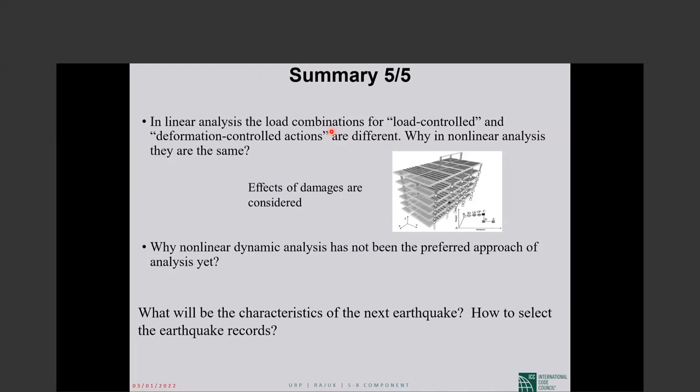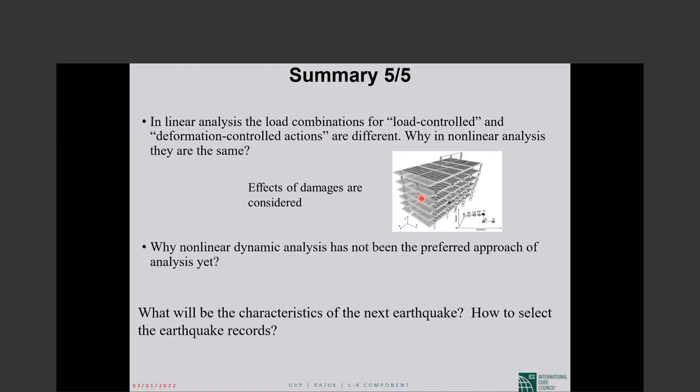Why don't we do these things? Because the effect of damages is considered in the nonlinear analysis, but because it's not considered in the linear analysis, we had to do that kind of adjustment ourselves by changing the load combination.